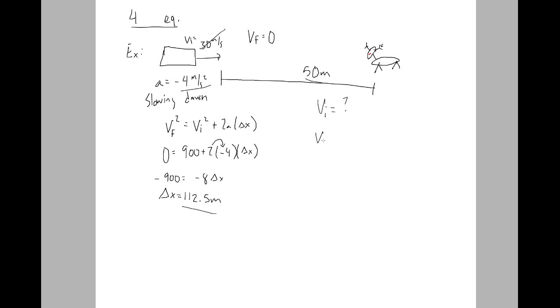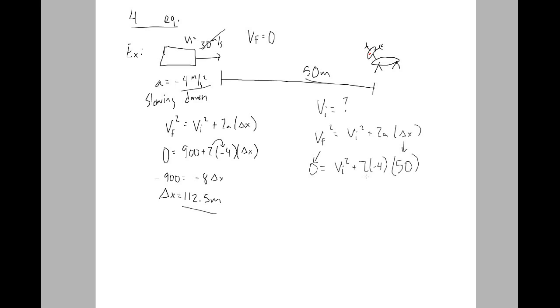I would go V final squared again equals V initial squared plus 2a delta x. Now I know that the reindeer is 50 meters away, my acceleration is still 2 times -4, and now I'm looking for V squared. And again, my V final, because I'm going to a stop, is 0.